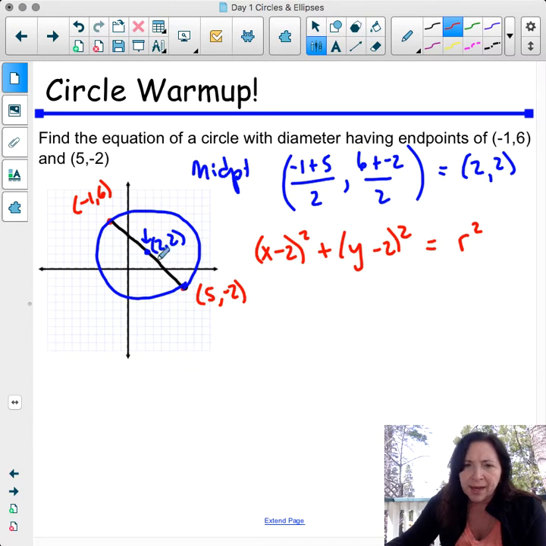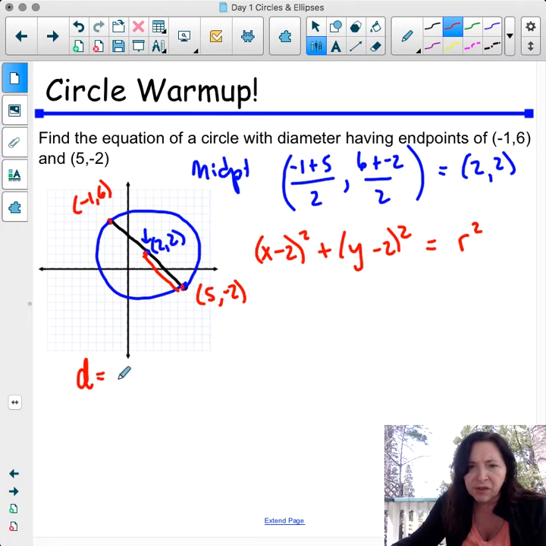So I need to find this length right here, which is my radius, okay? In order to find that length, I'm going to need to find the distance between either my diameter here, find that length and divide it by 2, or just find the distance between my center and one point on my circle. So I'm going to do that.